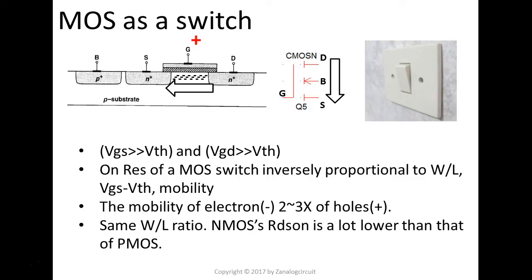So you often see in the industry, when a MOS switch RDS(on) is that low, most of the time, not 100% of the time, that switch is made of NMOS. Just remember that: next time you design a MOS switch with such a low RDS(on), make sure you use NMOS unless you have a very good reason not to use it.